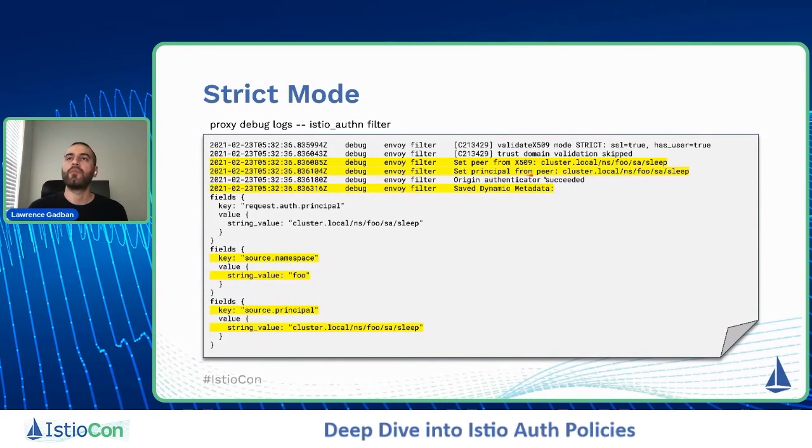And so we're setting the principal from that. Then you'll also see that we're saving some dynamic metadata. Of note, in that dynamic metadata, we're setting the key source.namespace to the value foo, which is the namespace of the request initiator. And the source.principal is set to that identity that we were talking about.